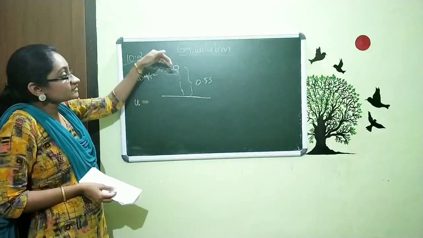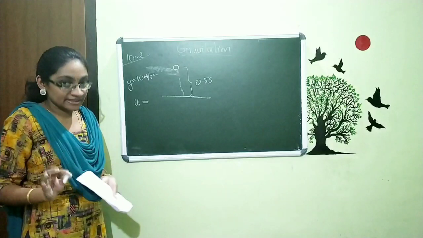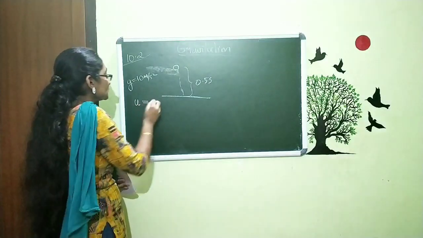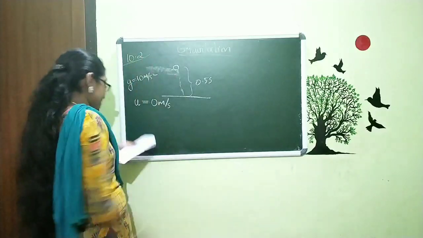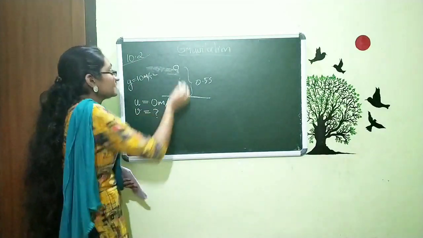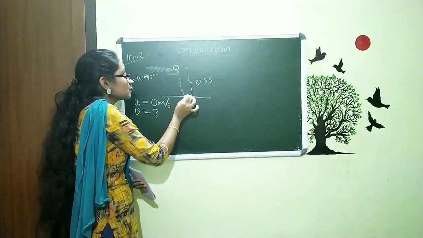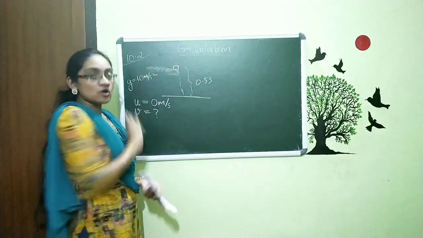Actually, at the point when this car starts to fall down, it is at rest. So we are taking u is equal to 0 meter per second. And then we want to find the final velocity. That means, when this car reaches the ground, what is the final velocity of this object?